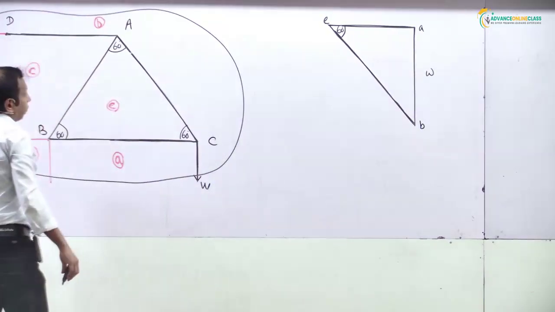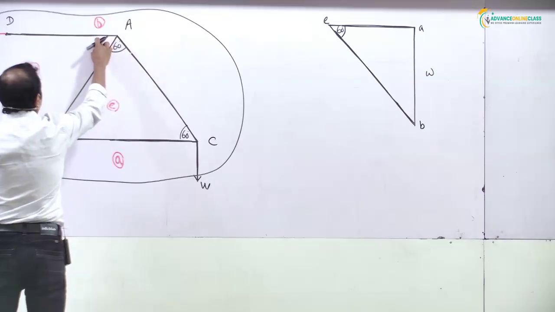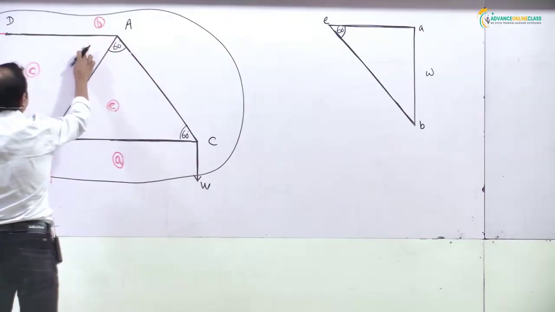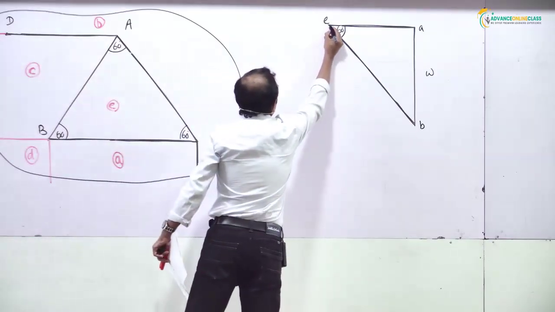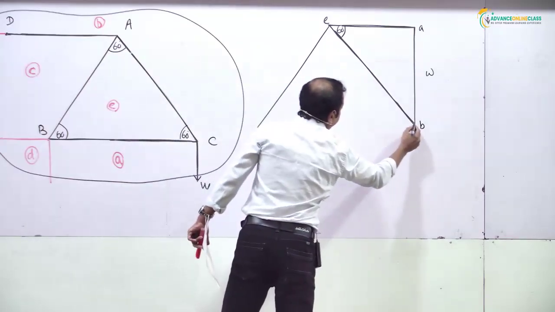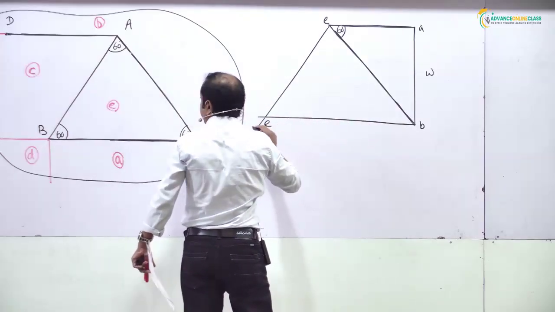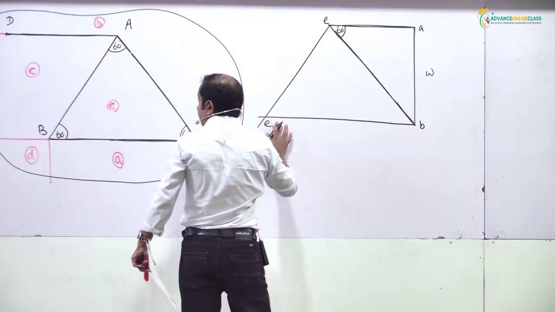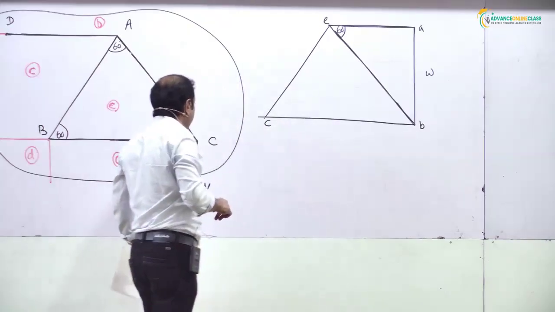Then you can come to this joint A because we know only these two there. BC horizontal. CE makes 60, parallel to this. This is now C, no? Right.